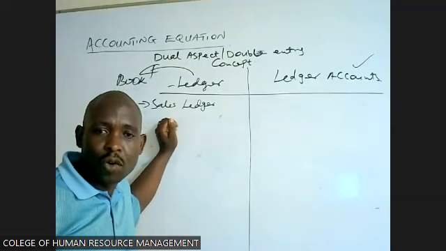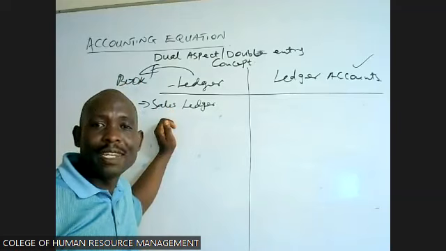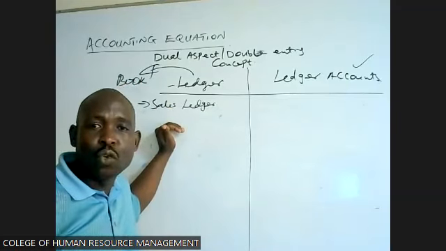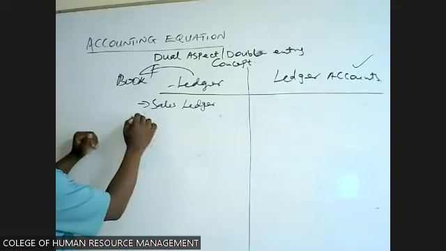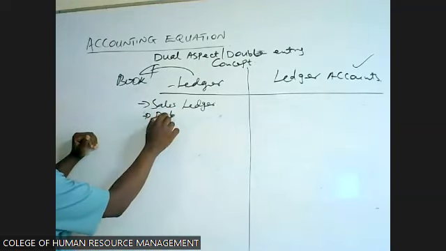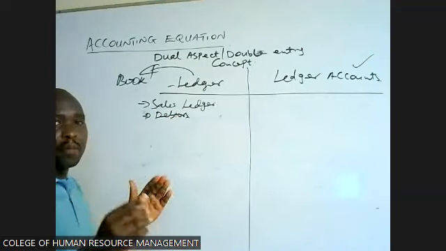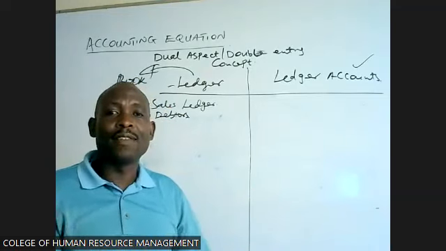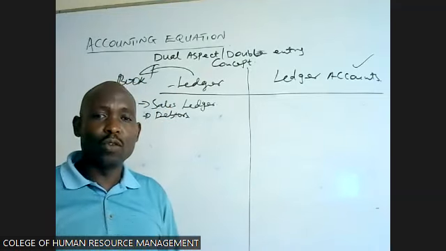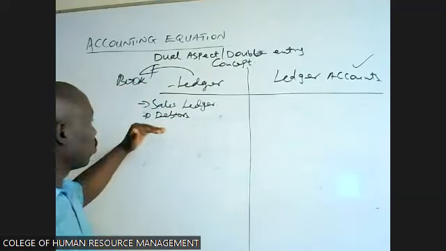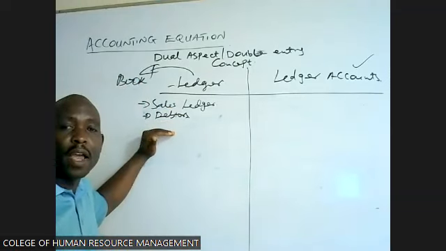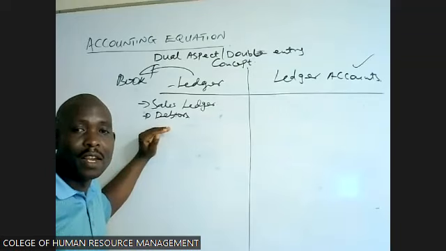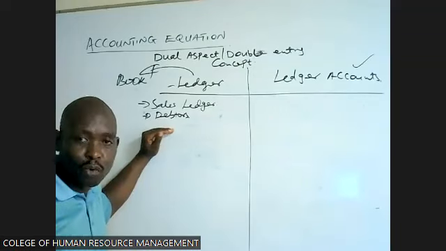So a sales ledger is a book that contains the ledger accounts of the credit customers, all the debtors. Anytime you sell goods to a person on credit, you go and record it in the sales ledger. Every customer would have his or her own account or page in that particular ledger book.